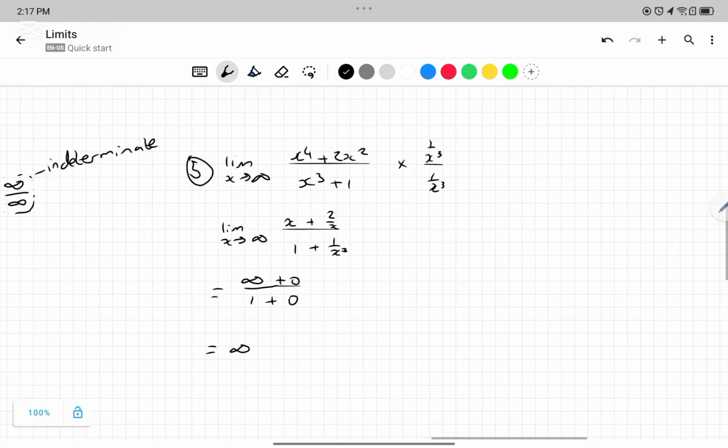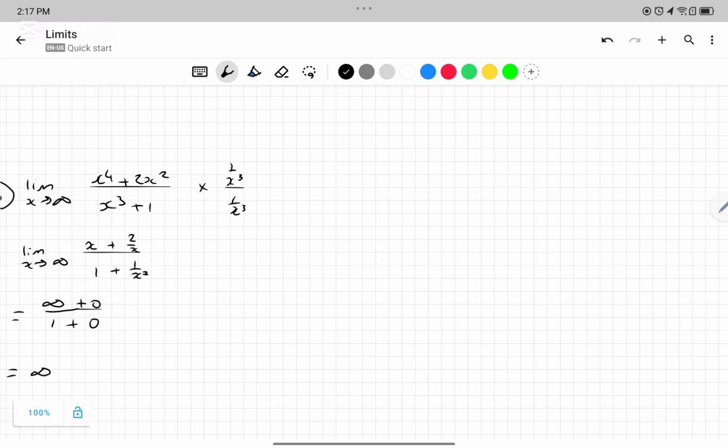And then for the last one, I get limit as x approaches infinity, x cubed plus 1 all over x to the 4th plus e, right? So do the same here, times 1 over x to the 4th.